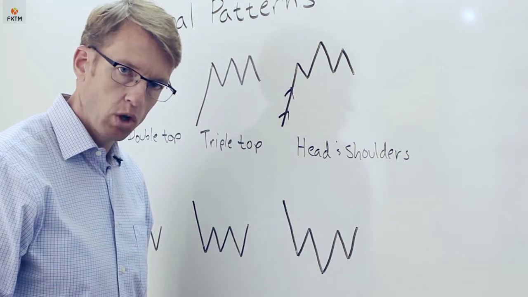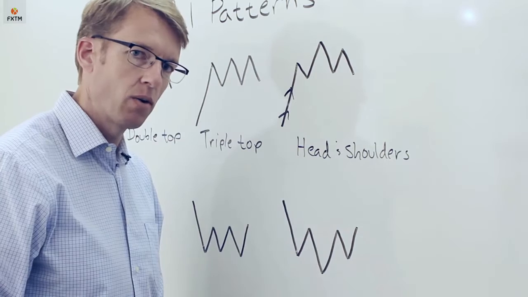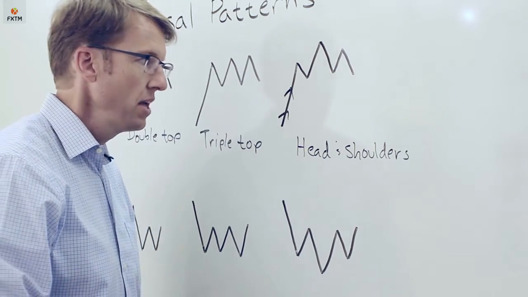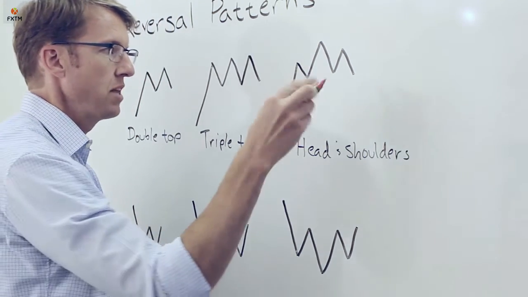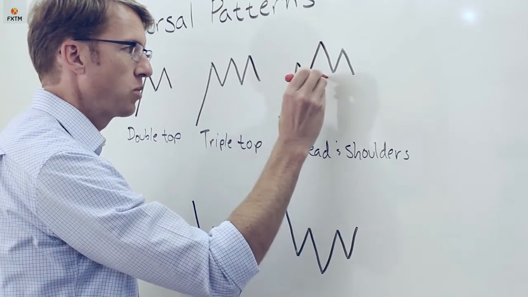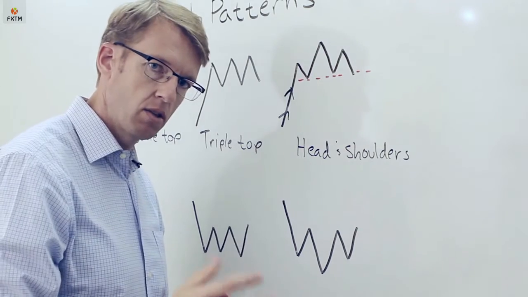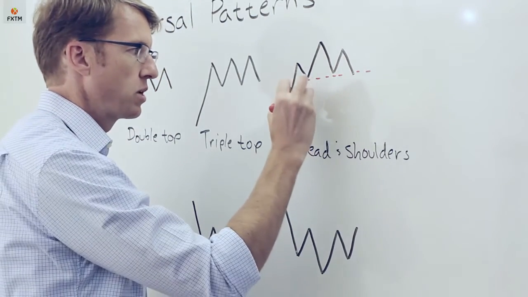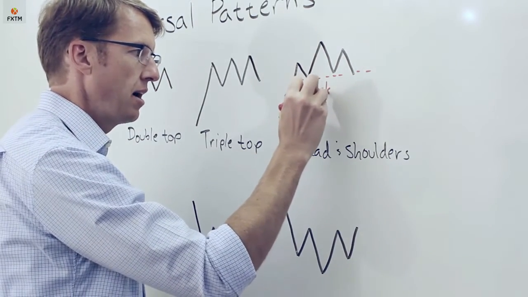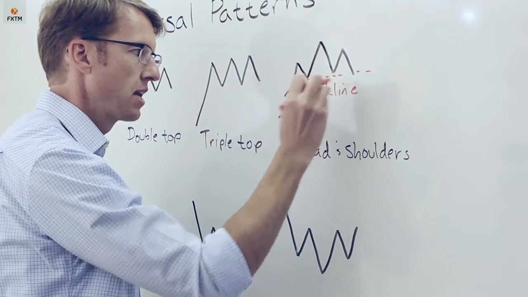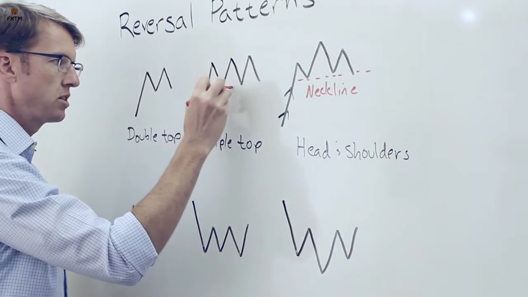Now, one of the things that we're looking for here, of course, to identify or to confirm a reversal pattern is when it actually breaks out. So with a head and shoulders pattern, this one would break below the bottoms in between the three tops. In this case, we actually call that the neckline of the head and shoulders pattern. And the same thing would be true here with the triple top.